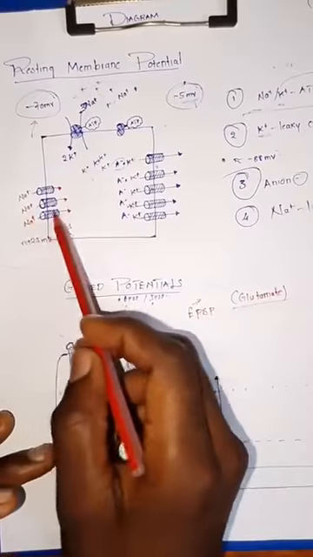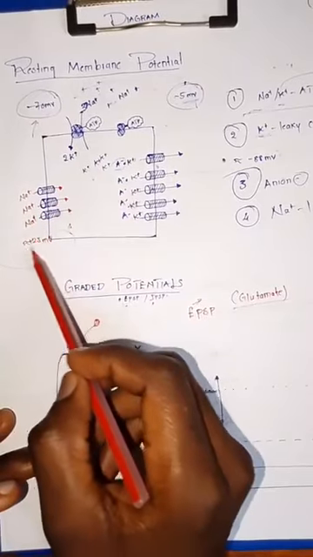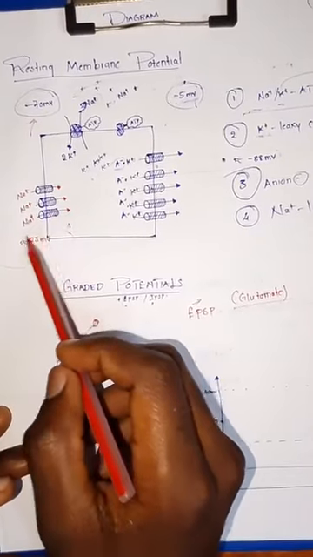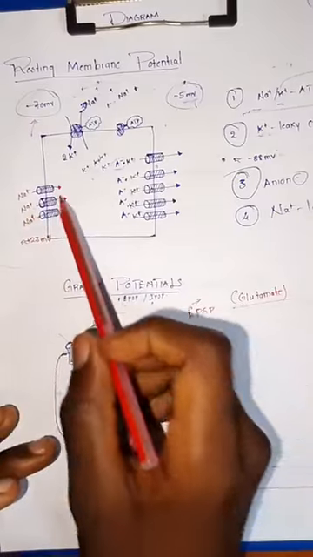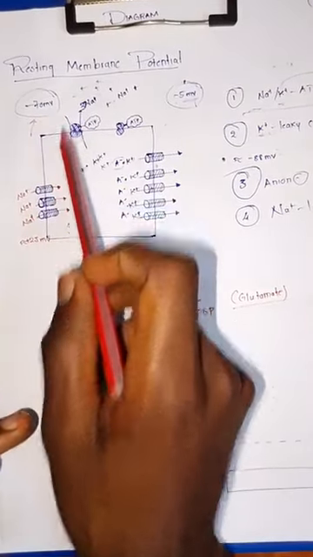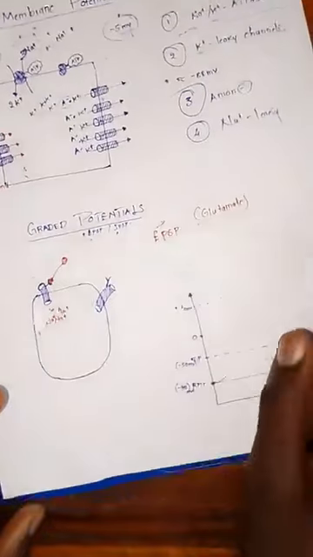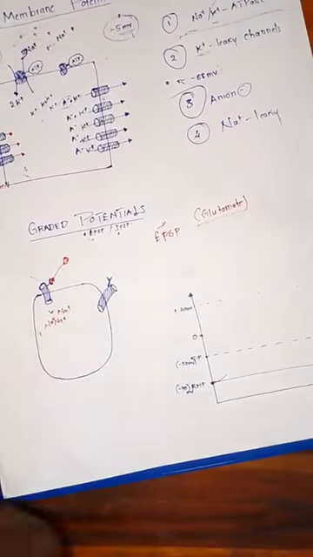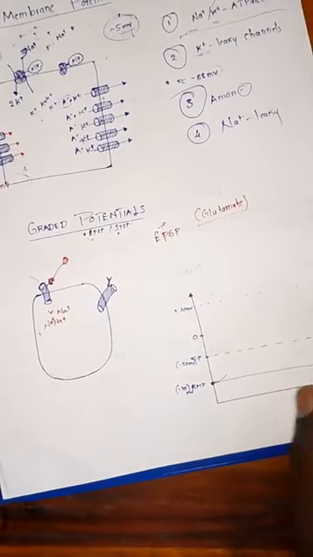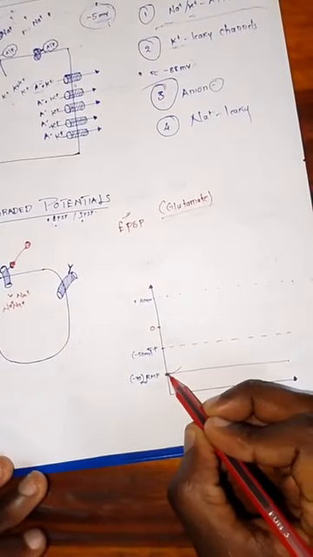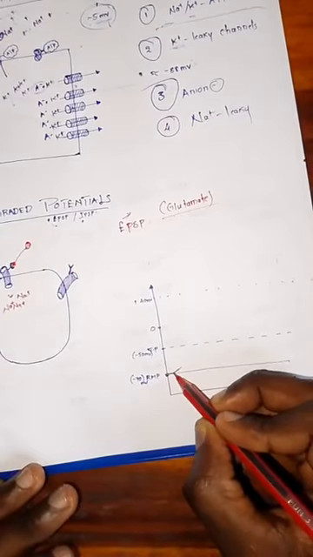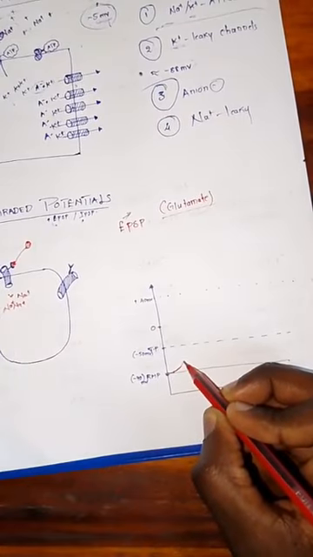We saw here that sodium contributes about positive 23, but that was not significant enough to make the resting membrane potential positive, so it remained negative. But when these channels open and allow rapid influx of sodium due to the binding of an excitatory neurotransmitter, the inside of the cell will start becoming positive. As it becomes more positive, it will start moving away from the resting membrane potential towards 0.